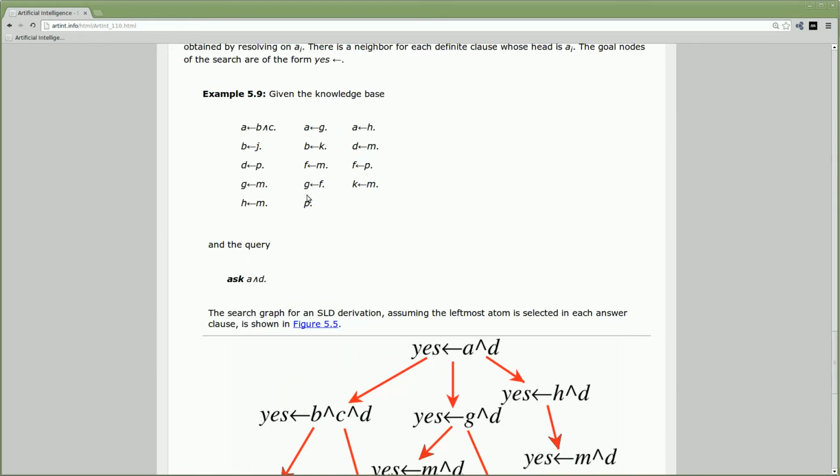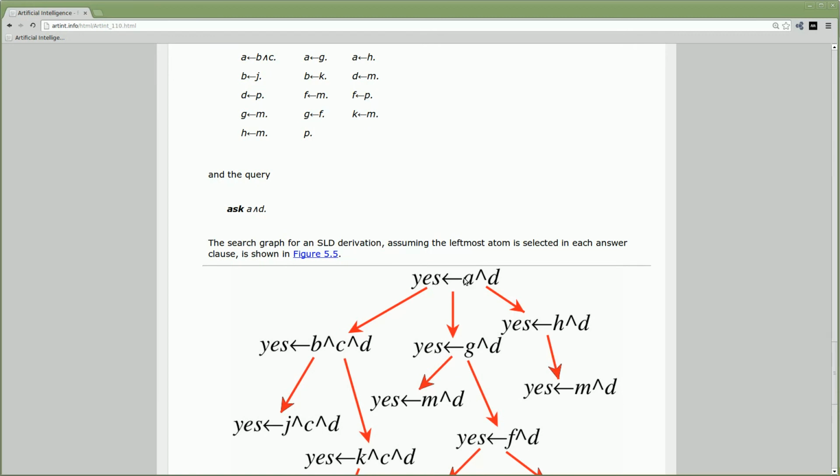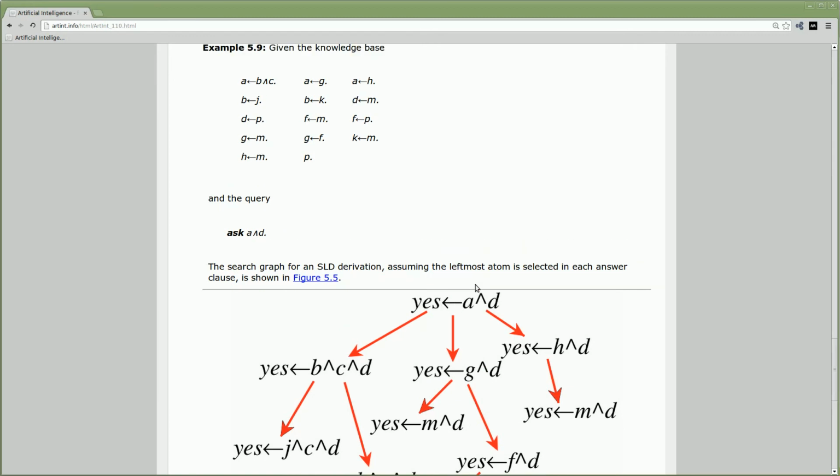If this is the knowledge base, we're trying to prove that A and D are true. So I imagine there's an H implies A in here somewhere, right there. So that's one possible step we could take in the proof.